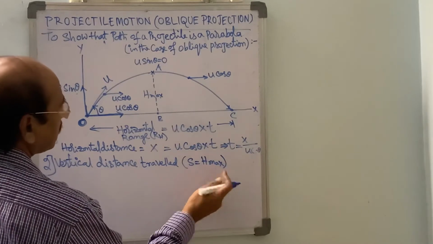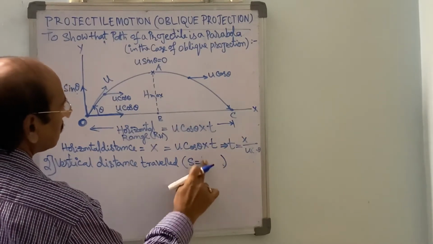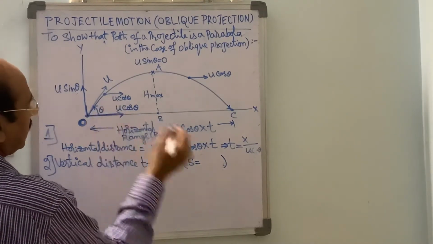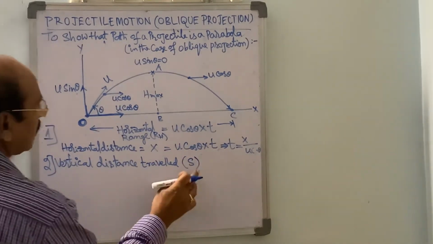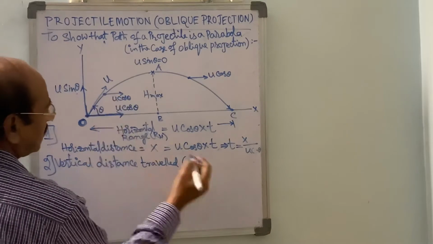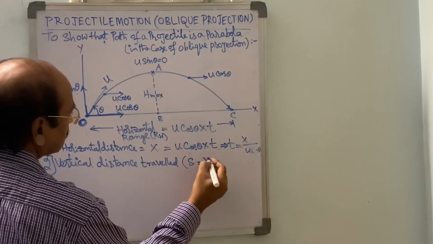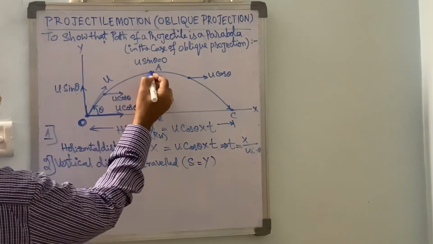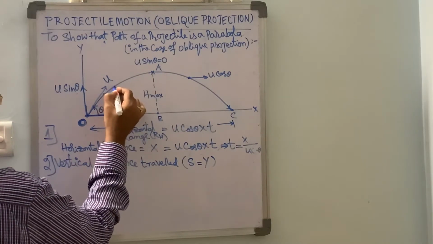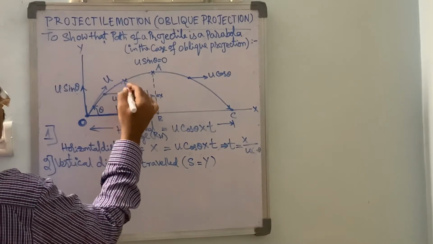This is obtained at any instant of time. Let it be y at any instant of time, as obtained by drawing the projection to the y-axis.